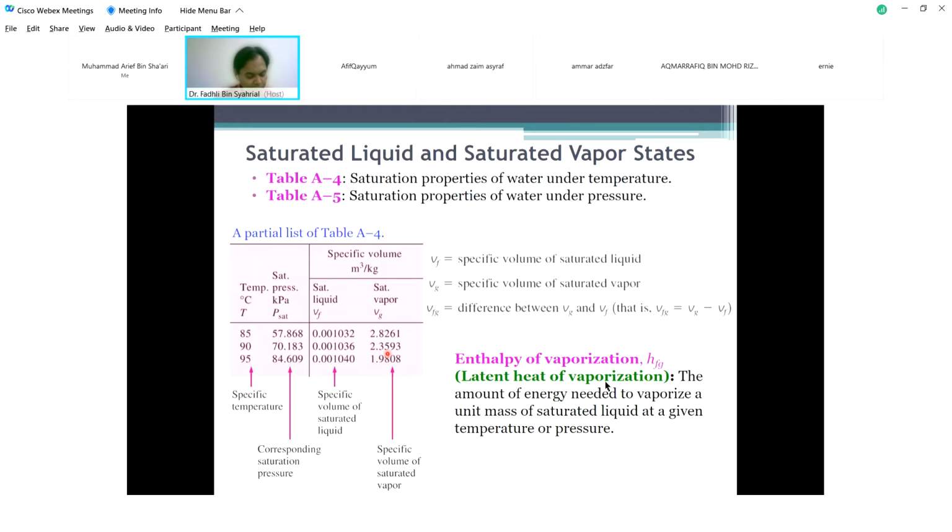Here, if you look at 90 degrees C data, we have a set of data for specific volume, Vf and Vg. F meaning that the state is saturated liquid. Please remember that.